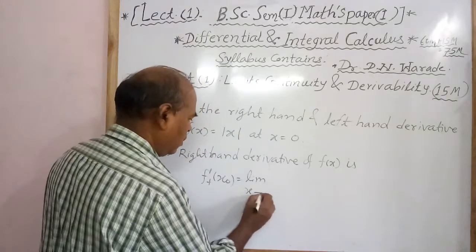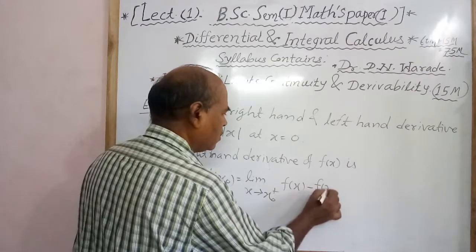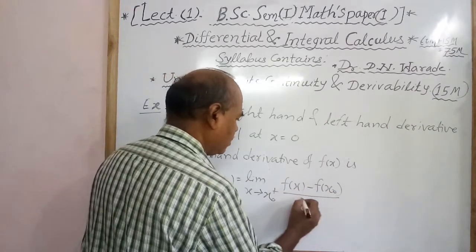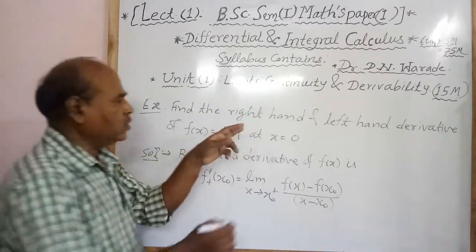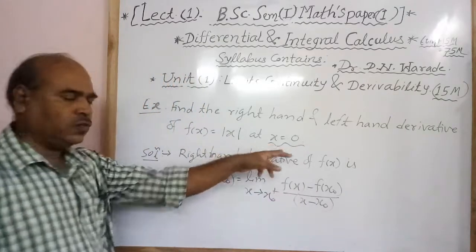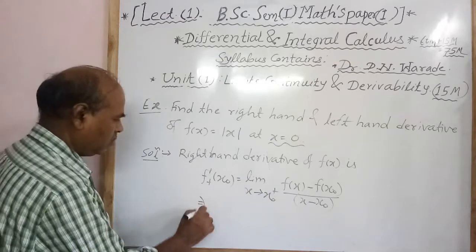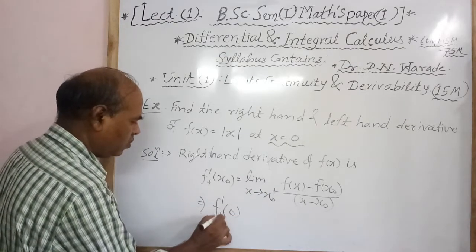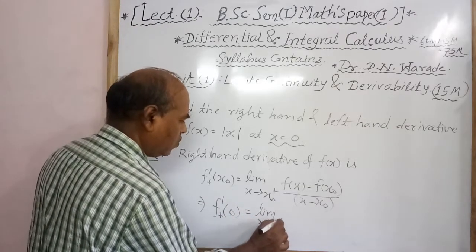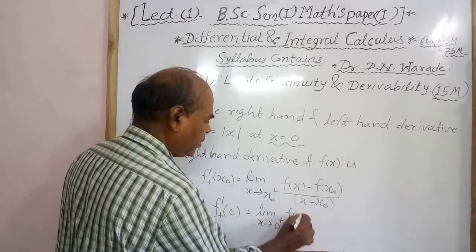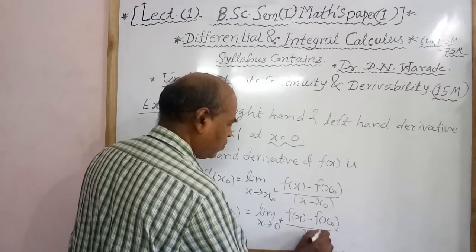The second one: limit x tending to x0 plus of f of x minus f of x0 divided by x minus x0. Now here we have to take the derivative at the point x equal to 0. Therefore x0 equal to 0, and we write f dash of 0 plus equal to limit x tending to 0 plus of f of x minus f of x0 divided by x minus x0.